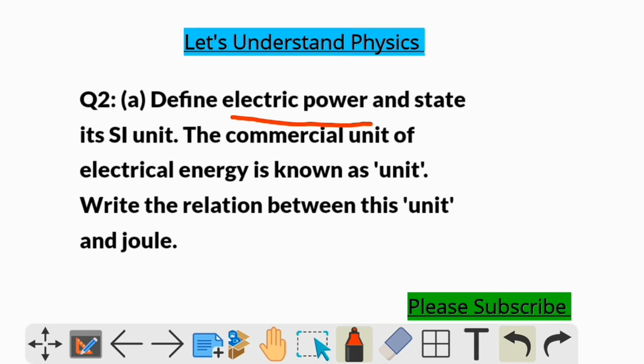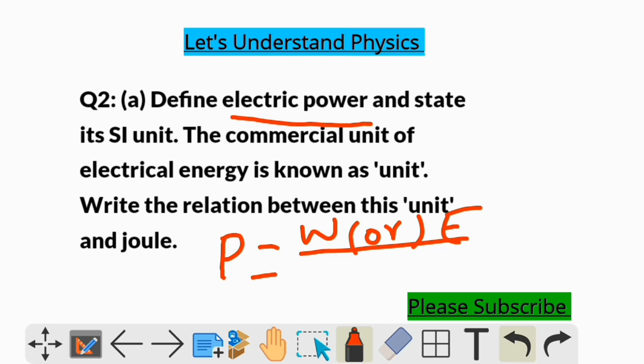It is the rate of consumption of electric energy. We can say that, because power is equal to work or energy by time. So here, electrical energy is consumed in a given time, then we say it is power.